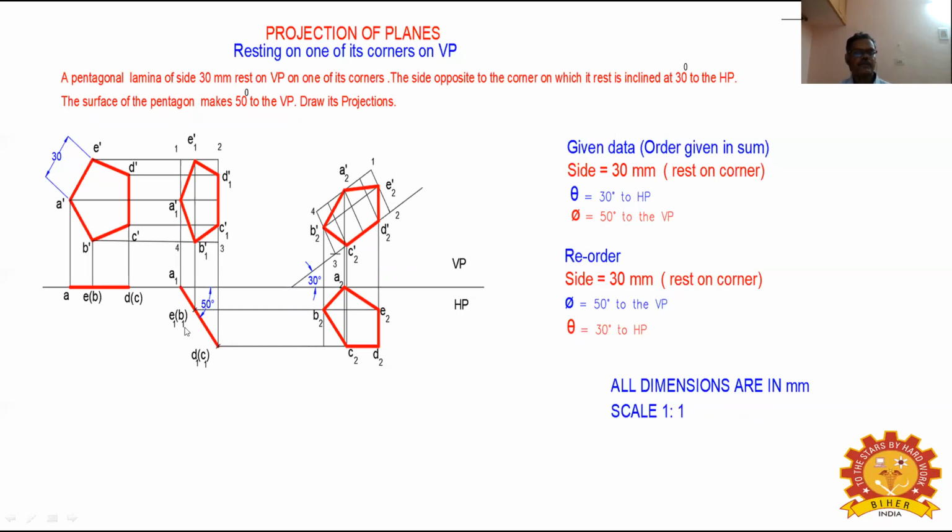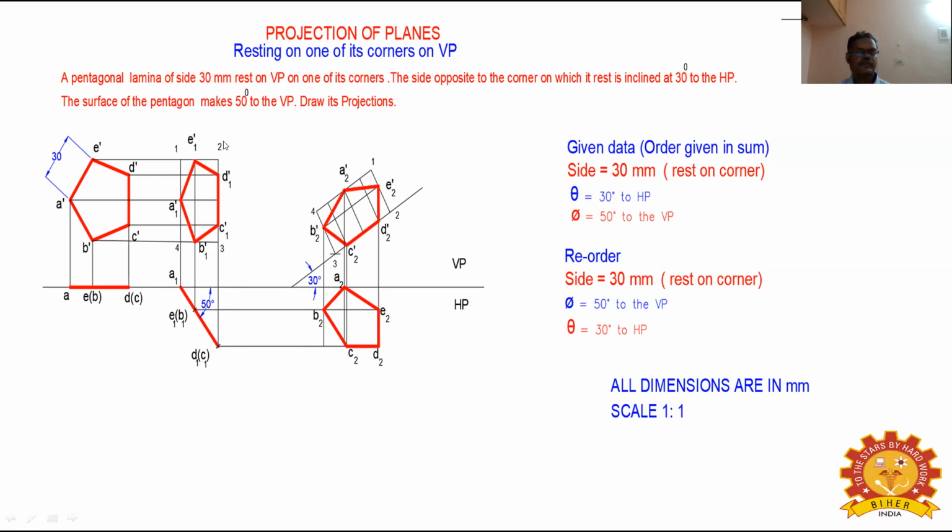And here the surface of the pentagon makes 50 degree to VP. Therefore, draw a 50 degree to VP line, and we have to transfer all these points. Mark E1 of B1, D1 of C1. From there, draw a vertical line, and in the front view, draw a horizontal line.